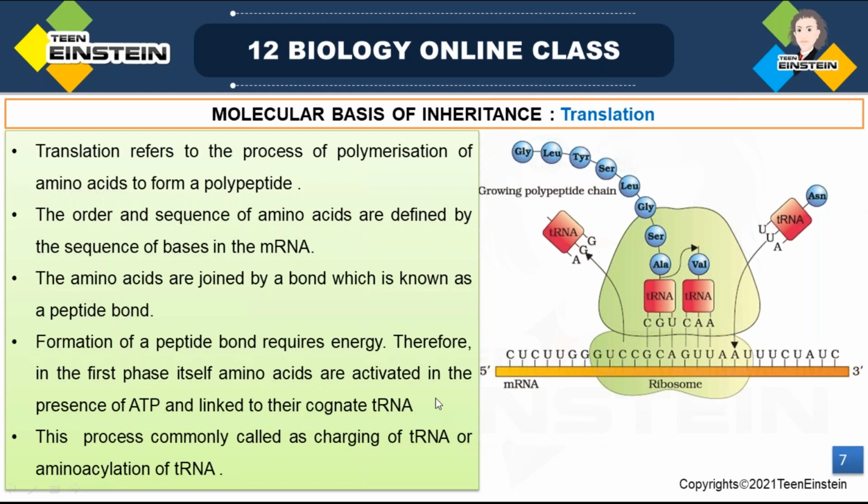This process is commonly called charging of tRNA or amino acylation of tRNA, which is the starting stage of translation or protein synthesis. Protein synthesis, that process is called translation.